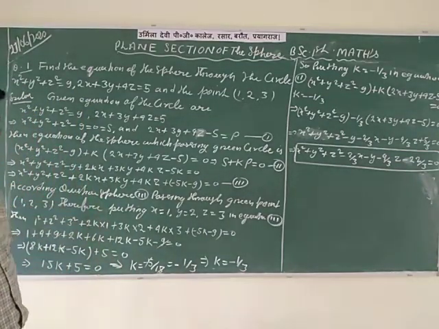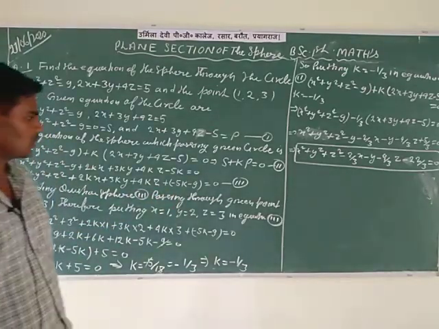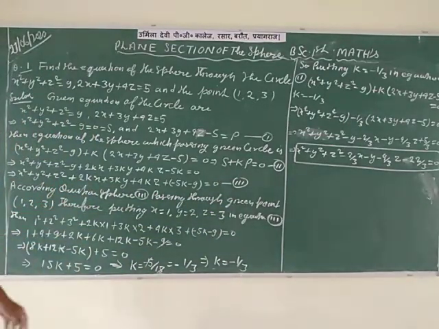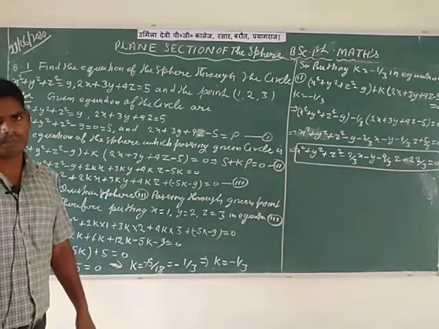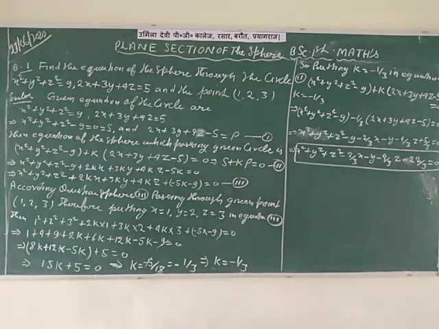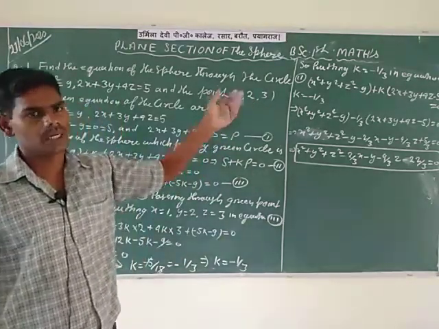Simplify this equation and reach equation third. Equation third is the general form of a sphere, so it is confirmed that the equation which passes through the given circle is a sphere whose equation is represented by equation third. But according to the question, the required sphere must pass through the given point whose coordinates are (1, 2, 3).